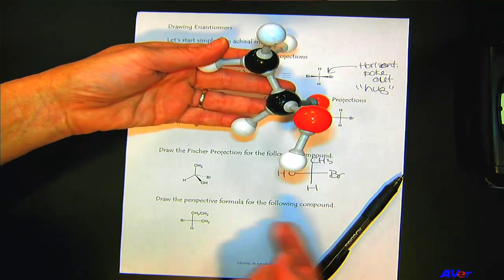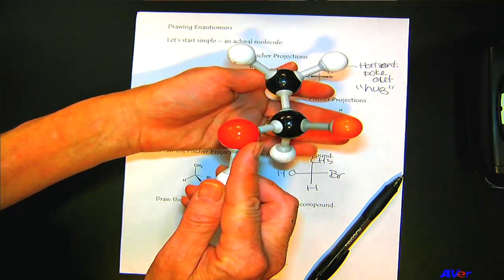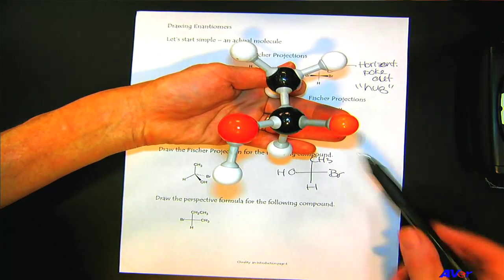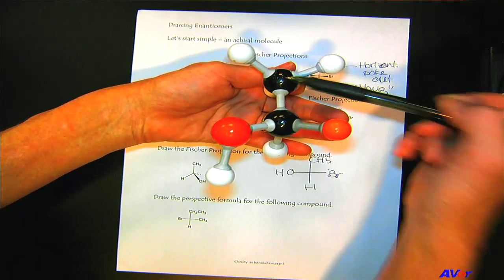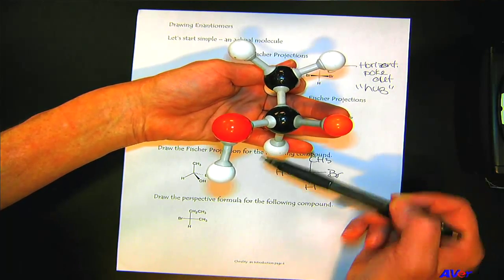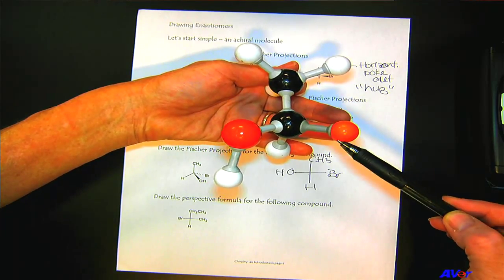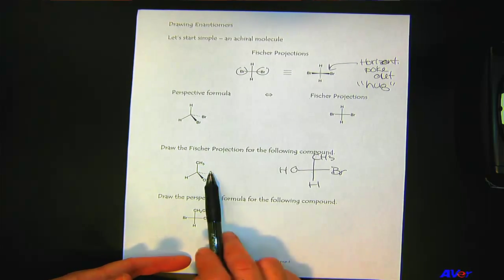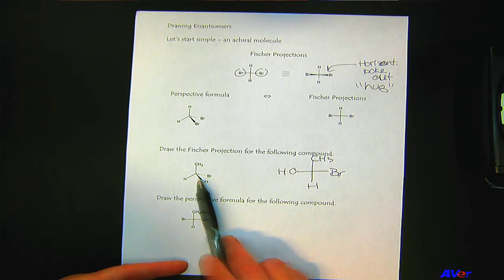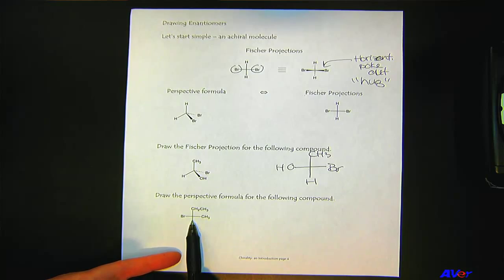To make it into a Fischer projection, we just rotate like this, and now we see the methyl, chiral carbon, and hydrogen, with OH on the left and bromine on the right. So you want to get good at switching back and forth between a Fischer and a perspective formula, and vice versa.